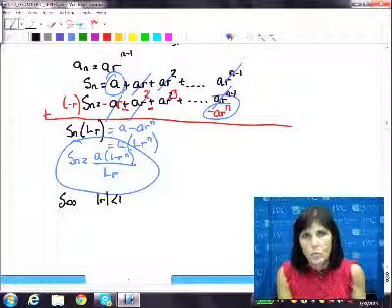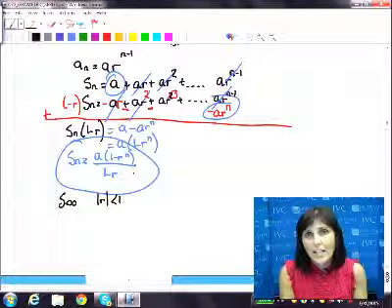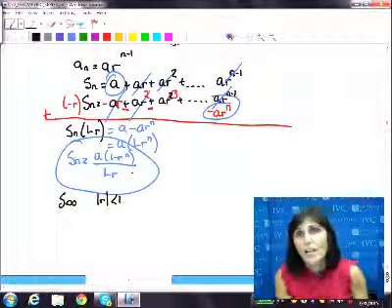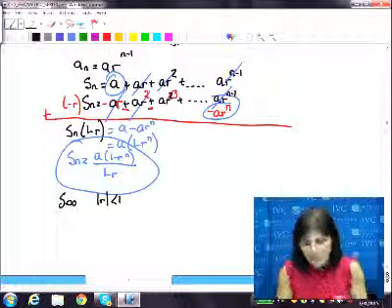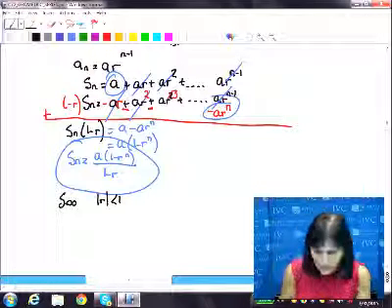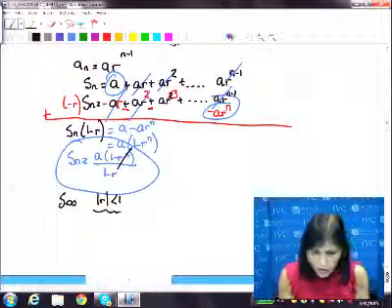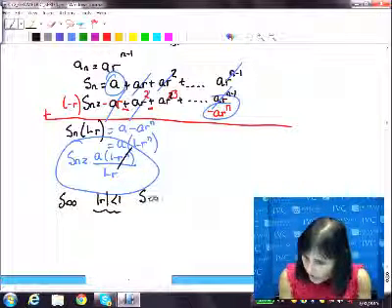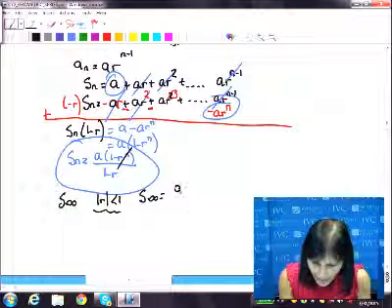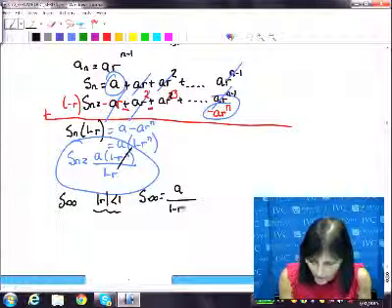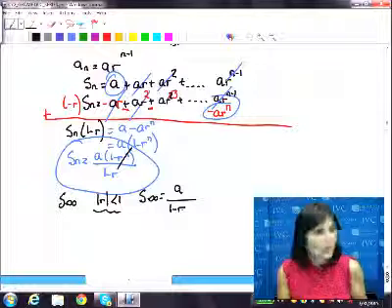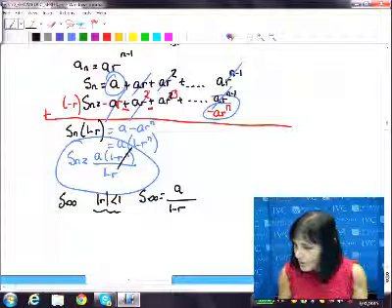Imagine n being huge. So when you take, let's say, 0.1 and you're multiplying a million times, you're getting something really, really small. What will happen is this term is going to drop out. Then your S infinity is simply going to be a over 1 minus r. That is a very handy tool because I'm going to use this.